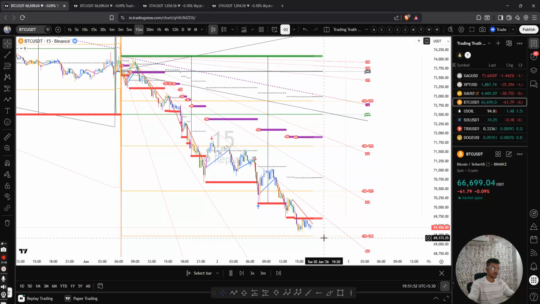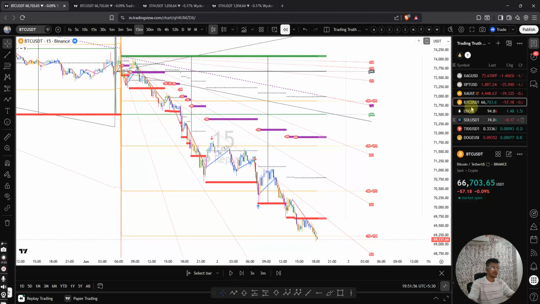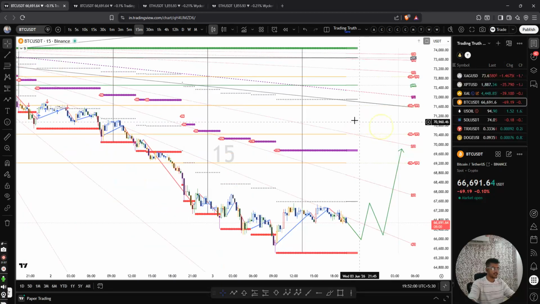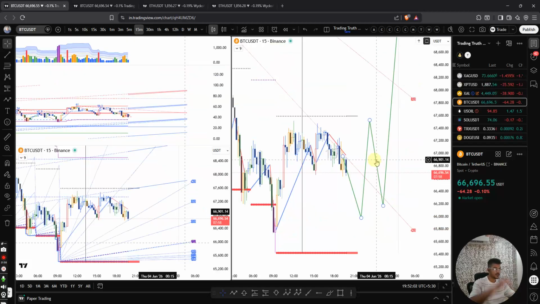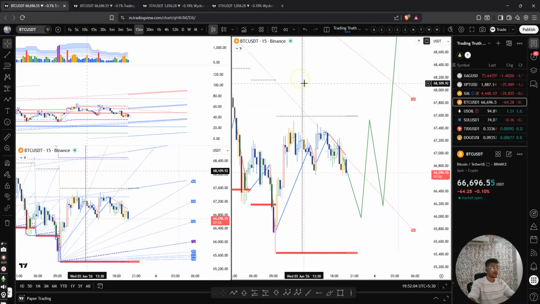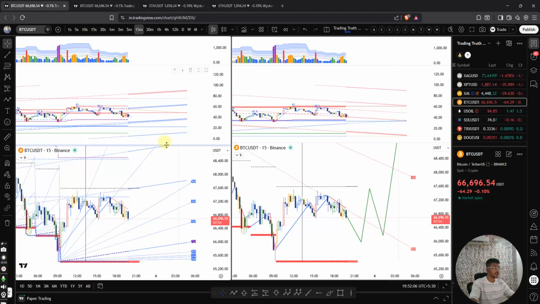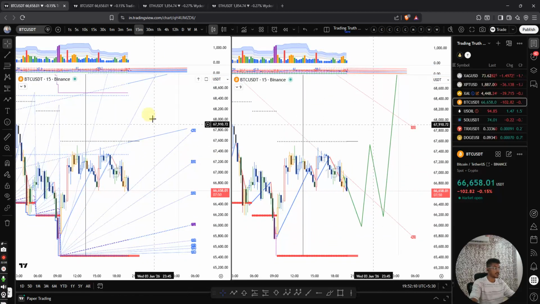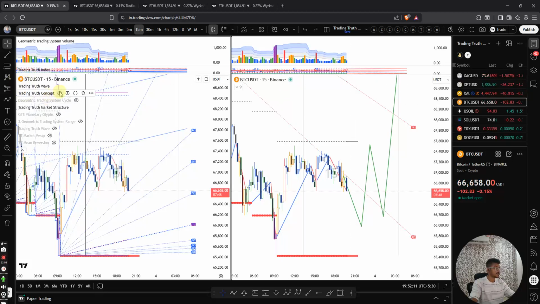There we go. So yeah, guys, as you can see, all this backtesting and stuff, they're working really good. You can apply it to any market. Right? You can see here.